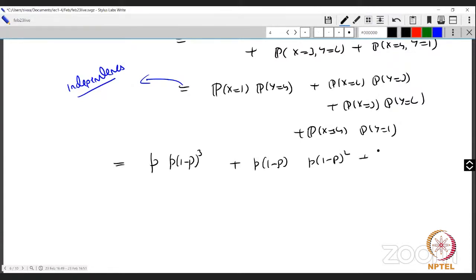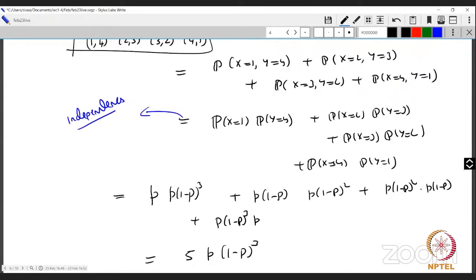So third trial you get that. This P times 1 minus P squared times this P times 1 minus P, same as plus P times 1 minus P to the 3, and this P, right? So everybody is the same. So you get 1, 2, 3, 4, 5. Get 5 times P times 1 minus P to the 3.